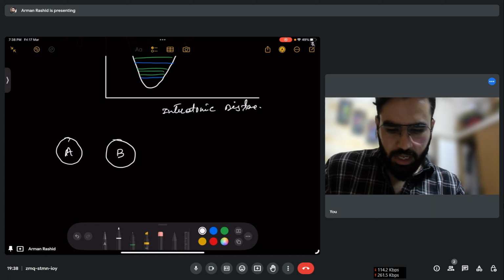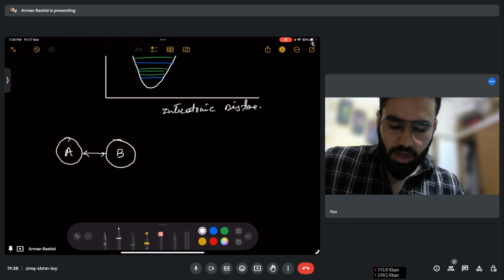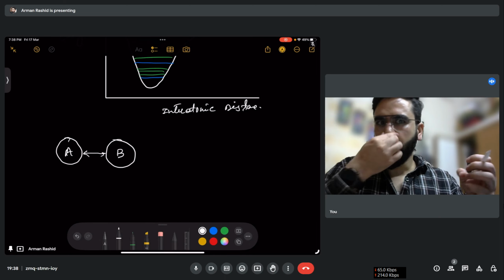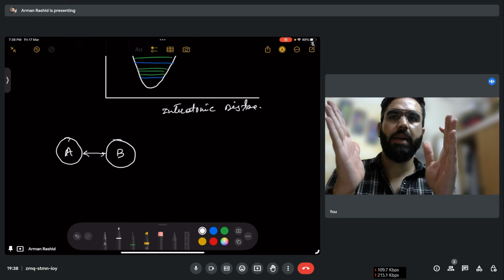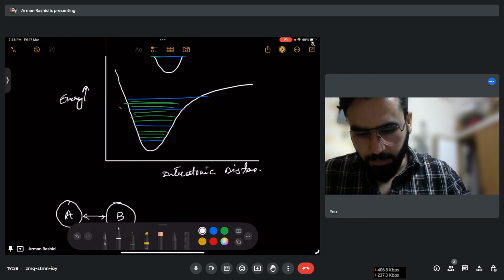If they come very close to each other, they will repel each other because you are bringing the nuclei very close, so the energy will increase. That is why this state is coming.